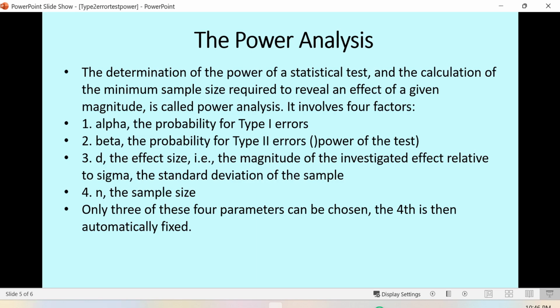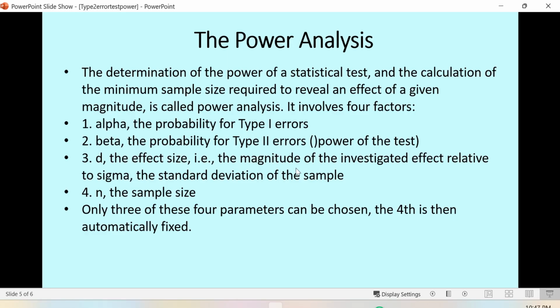This is an error. And beta is the type 2 error, which is that we did not reject a false null hypothesis. And the third is D, or what we call the effect size. So effect size is project specific.